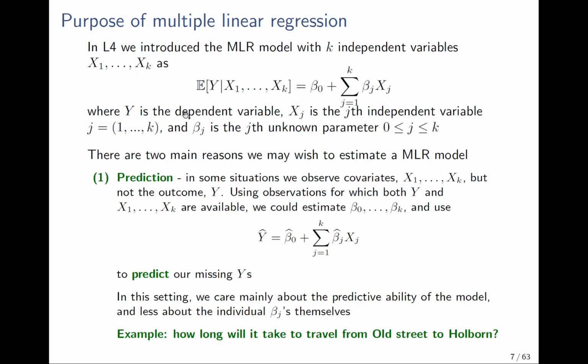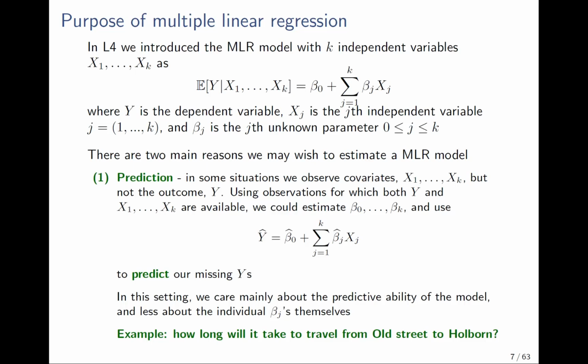Y is the dependent variable, xj is the jth independent variable, j equals 1 to k, and beta j is the jth unknown parameter. So there are k plus 1 parameters, a parameter for the intercept, and then k parameters corresponding to each of the independent variables in the model.